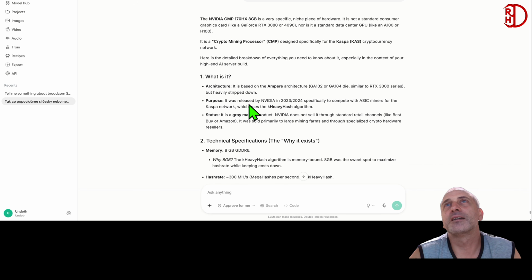Ampere, it is very nice, was released, that's wrong, because it was designed in 2020 and sold actually in 2021, 2022, and it was used for Ethereum hash rate. Yeah, I know it was very nice on the heavy hash, that's true.